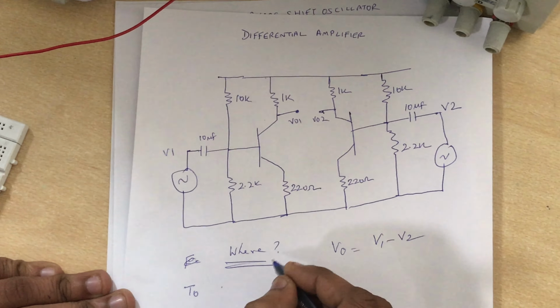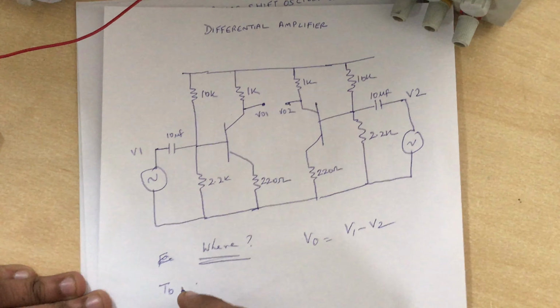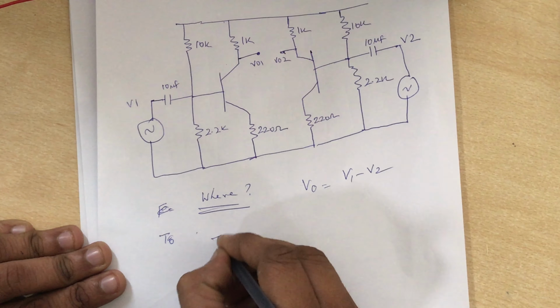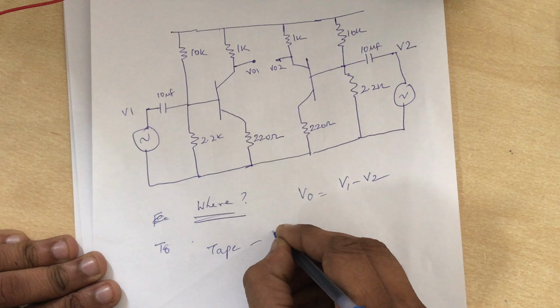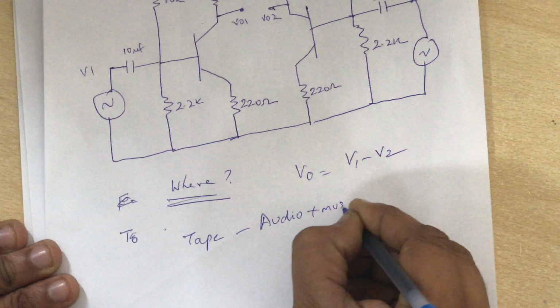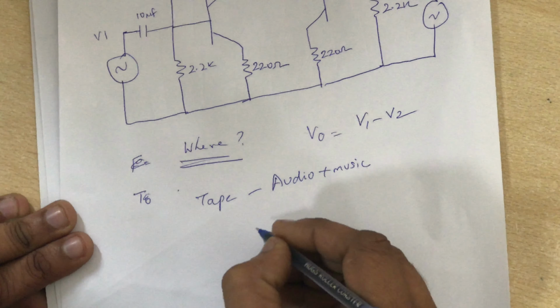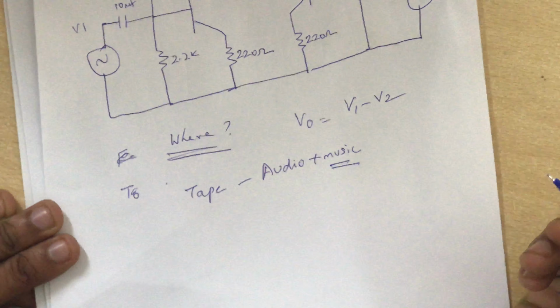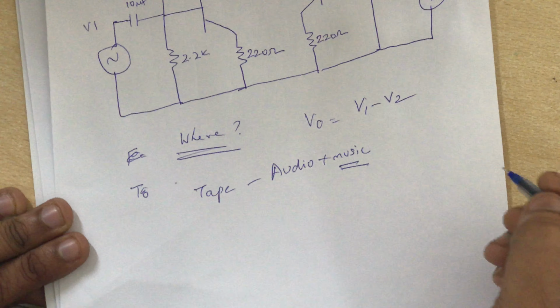Where is a differential amplifier used? Let me give you an analogy. Say we have a tape with audio plus music, but I need only the music content of the tape.